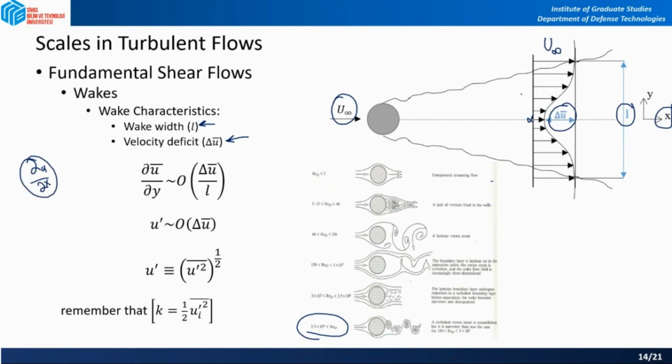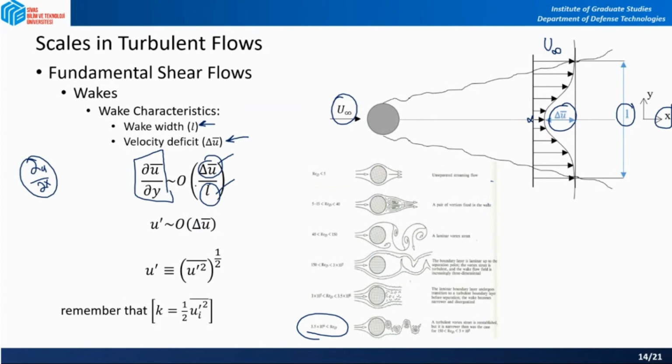In terms of this velocity profile, the velocity u is changing along the y direction. So the shear of U bar is in the order of delta U bar over L, the velocity deficit to the wake width.